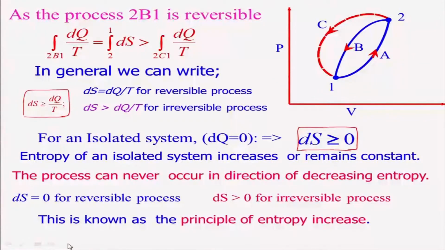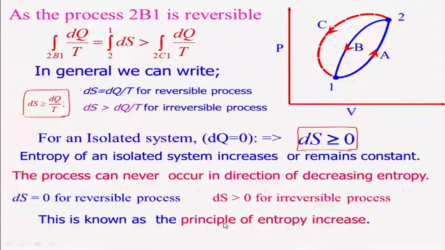This is known as the principle of entropy increase. That means the entropy of an isolated system may increase or may remain constant, but it cannot decrease. It can never be less than that.